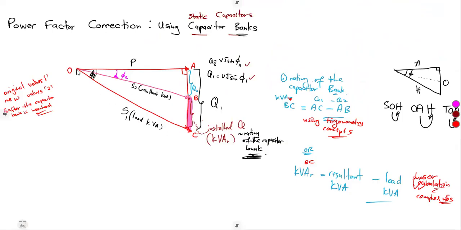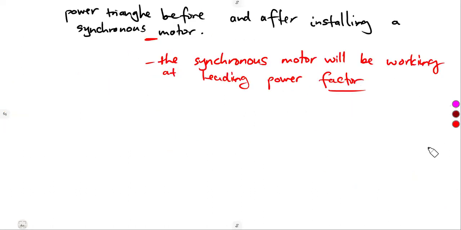This part is going to remain, that is of the true power, and the load, it is going to remain as it was before, because that is the original part, when the synchronous motor is not yet connected before the power factor correction.